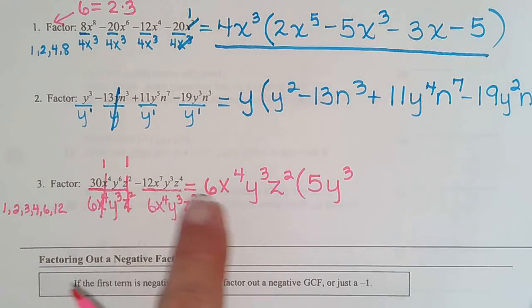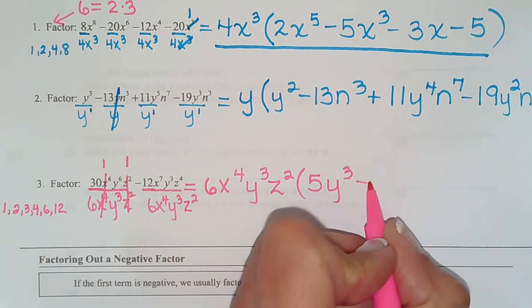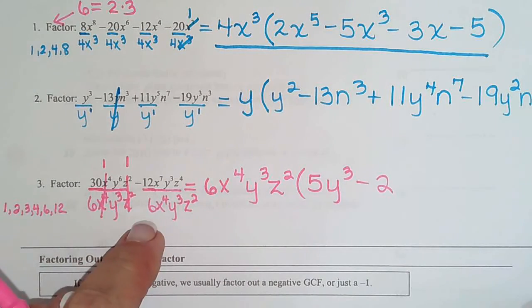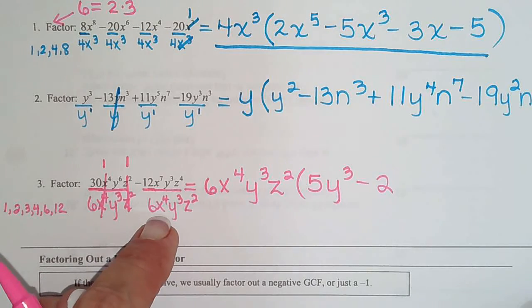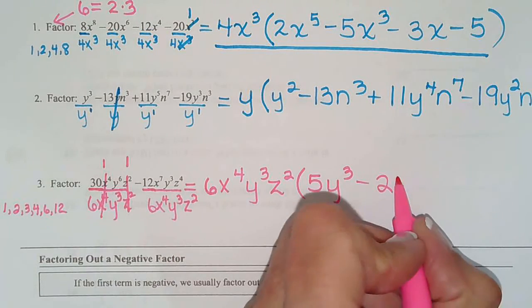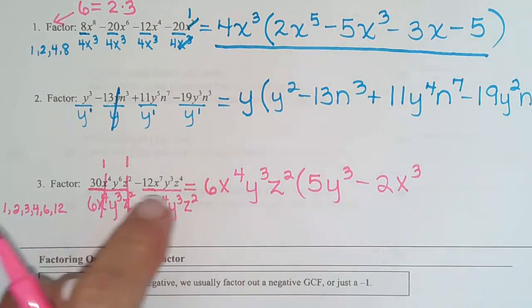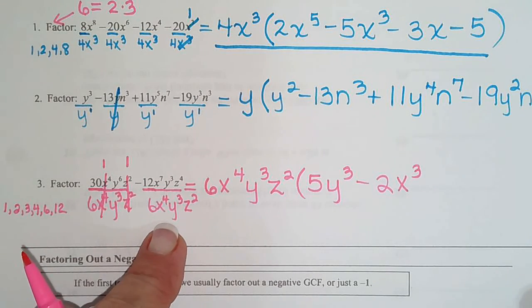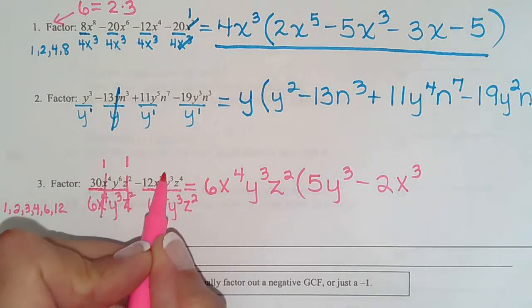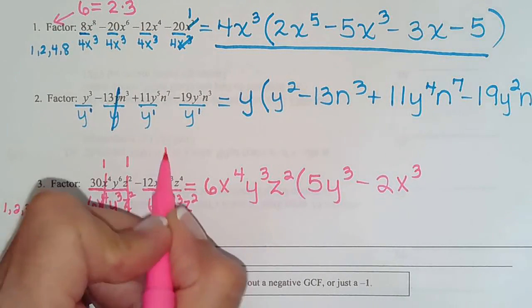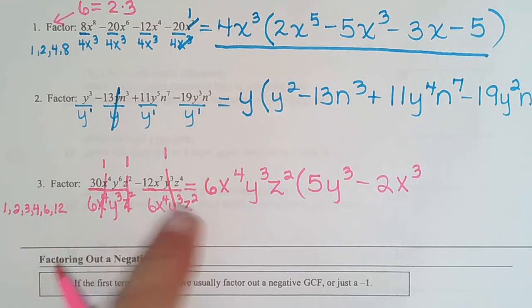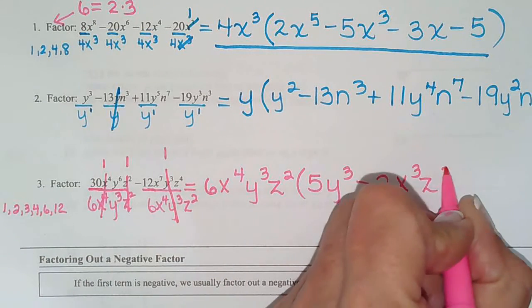They canceled each other out. And then minus 2. 7 minus 4 would be x to the third. 3 minus 3 means there are no y's left. So that'd be 1. And 4 minus 2, z squared.